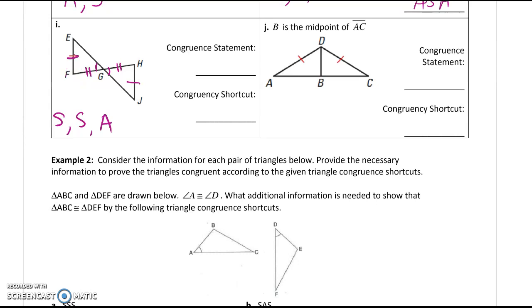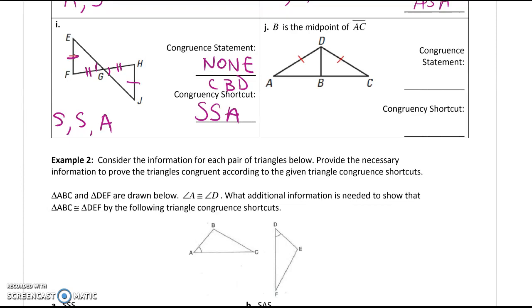Since it's not included, our congruency shortcut is side-side-angle. That is not a valid congruency shortcut. It is not enough information to say that these two triangles are congruent, even though they look like they're congruent. So SSA is not valid, so we're going to write none or cannot be determined.